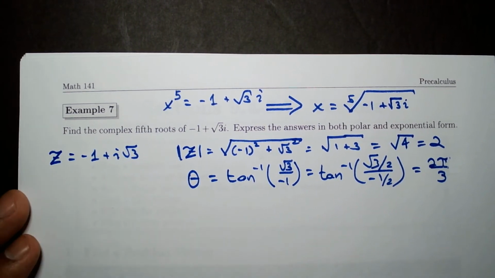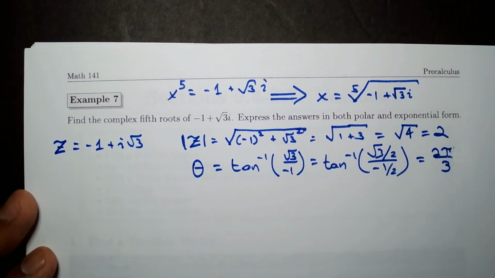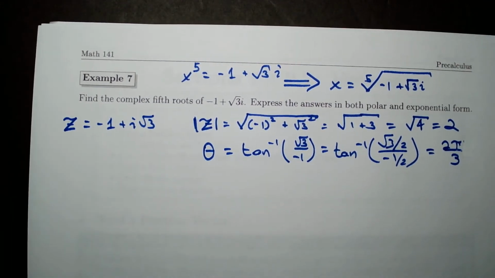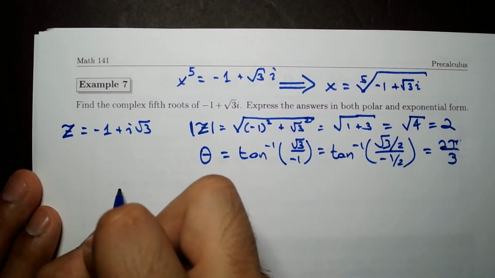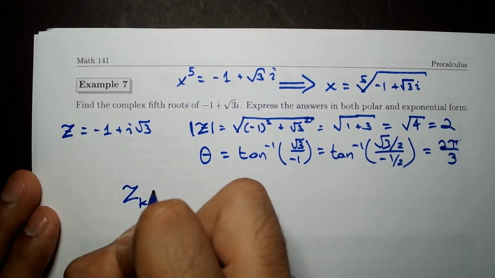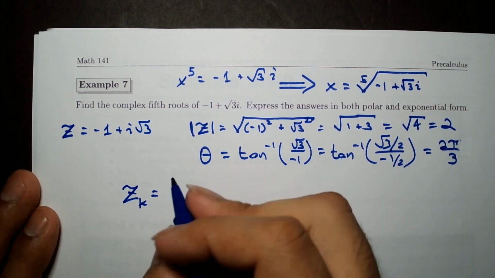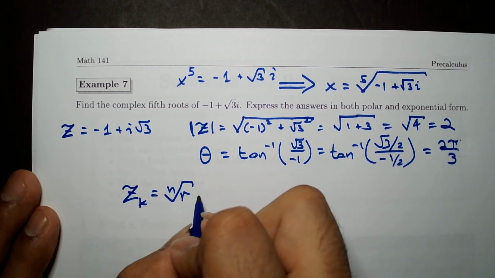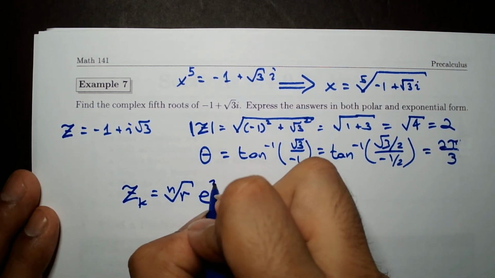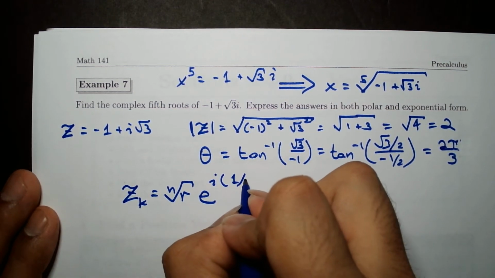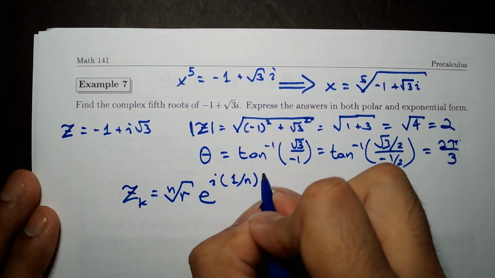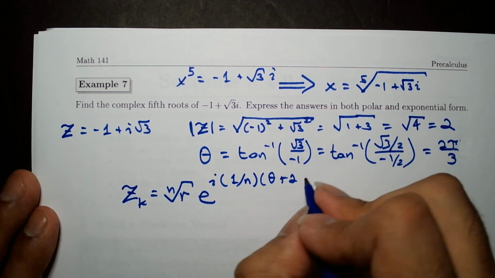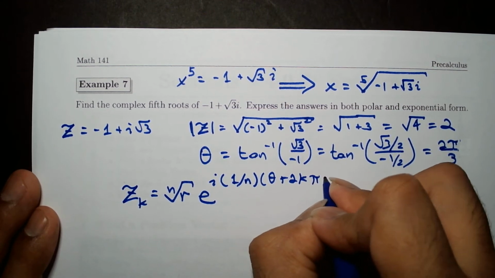All right, so what are we going to do? First of all, let's write De Moivre's theorem formula. z_k equals the nth root of r, e to the i times 1 over n, times theta plus 2k pi.